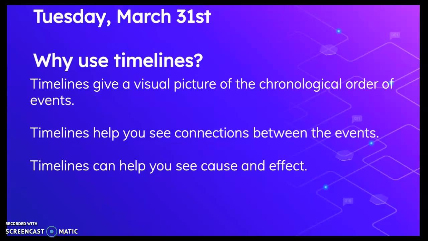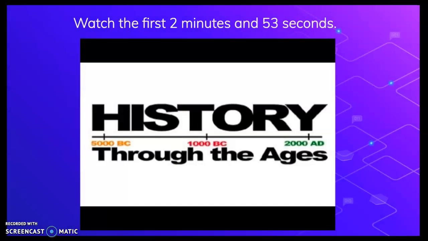Those might be events that are happening in the same place in the world, but it's also really cool to look at how different events around the world are happening at the same time and the impact that one event has on the entire world. So it's really important that you can visualize it. Again, you're going to be creating these timelines to get this visual of the history of your project.